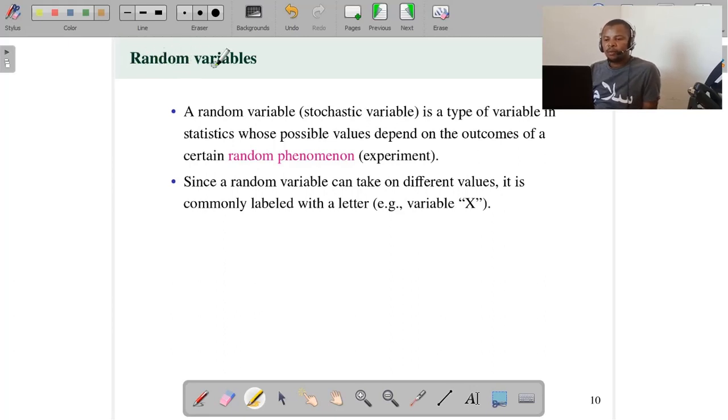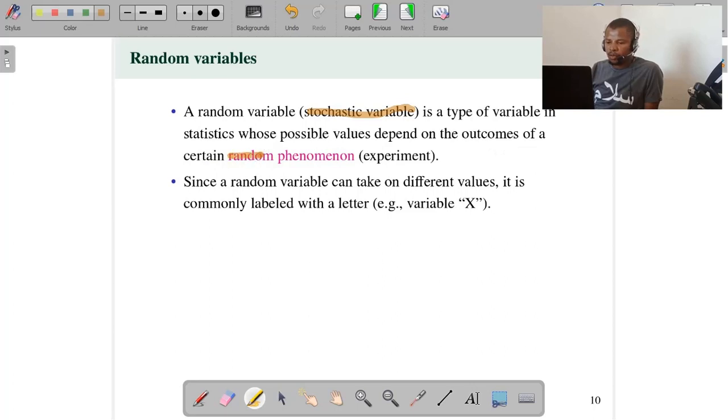So when we are talking about a random variable, it means we are going to have records or data, but we cannot surely predict what will come next, since our problem must be in a random phenomenon. A random variable, or also called a stochastic variable, is the famous terminology used if your variable of interest involves time. So a random variable is a type of variable in statistics whose possible values depend on the outcomes of certain random phenomena.